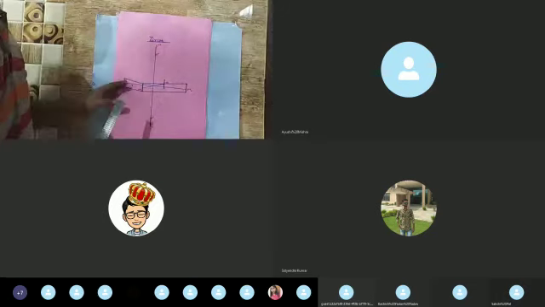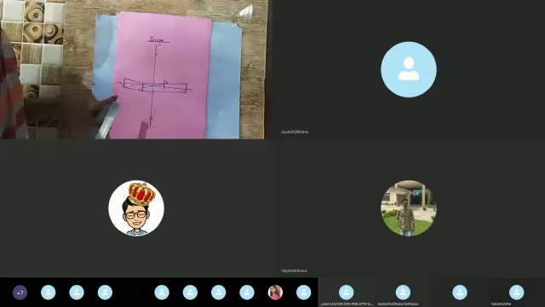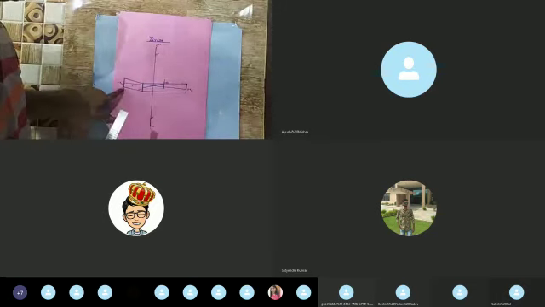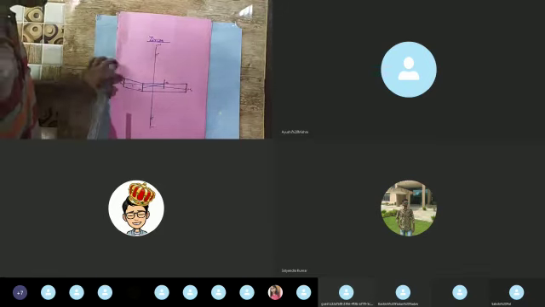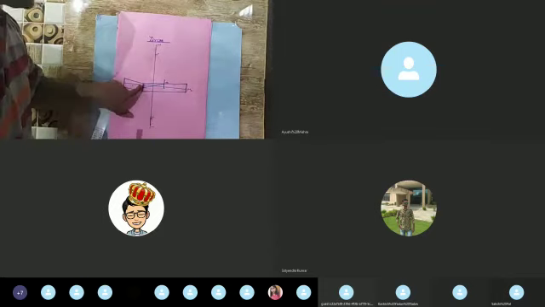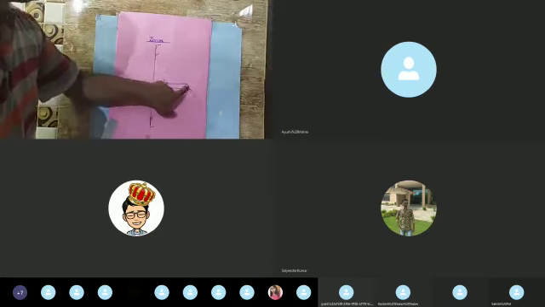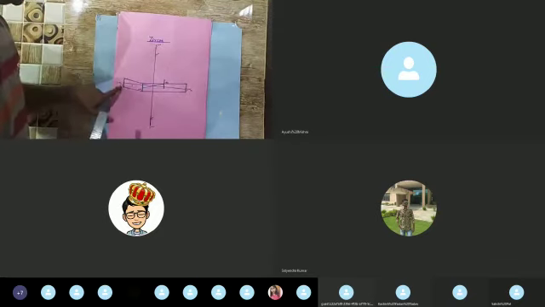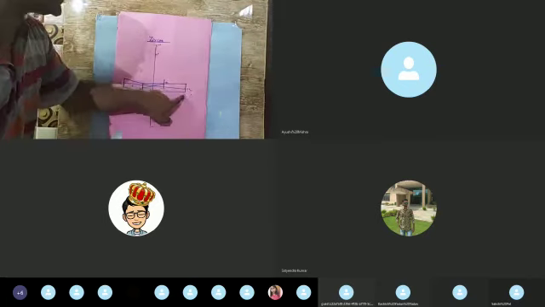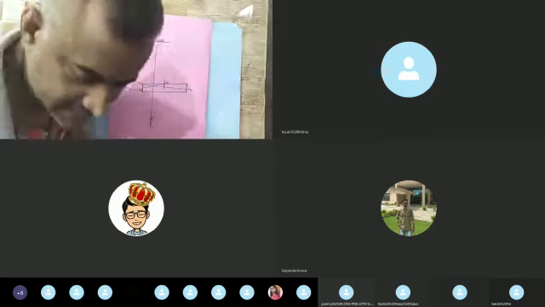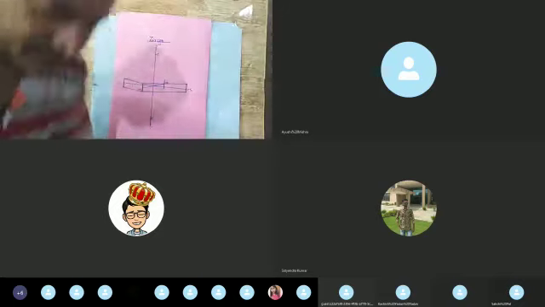Now in the next step, join the upper part of minus A2 with the upper part of minus A1 and plus A2, and the lower part of minus A2 with the lower part of minus A1 and plus A2 with a dotted line, because this is the back face.